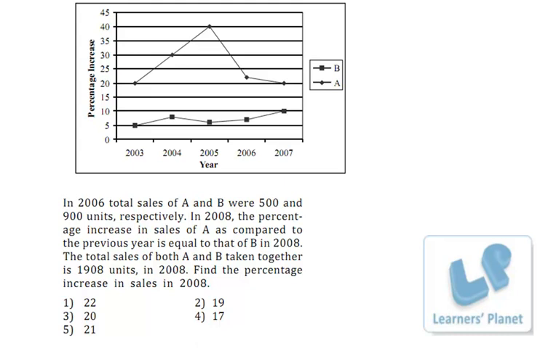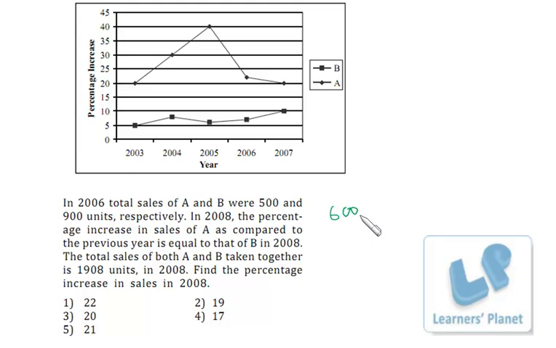Okay, so for 2006 we have been given A and B as 500 and 900. So from 2006 to 2007, in the case of A, the increase is 20%, so it will be 600, right? Then in the case of B, it is 10%, so it will be 900 plus 10%, 990.